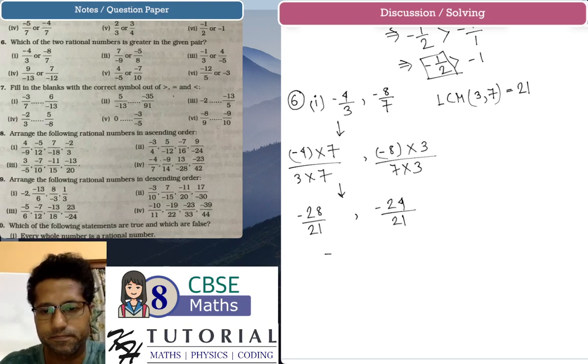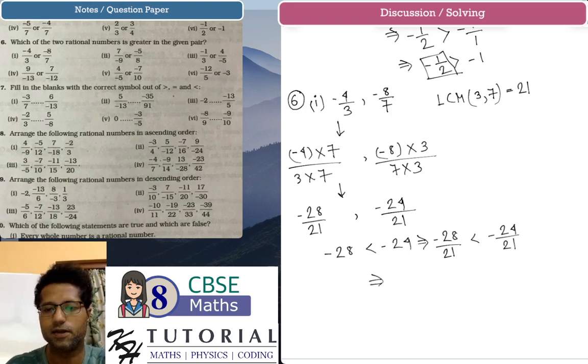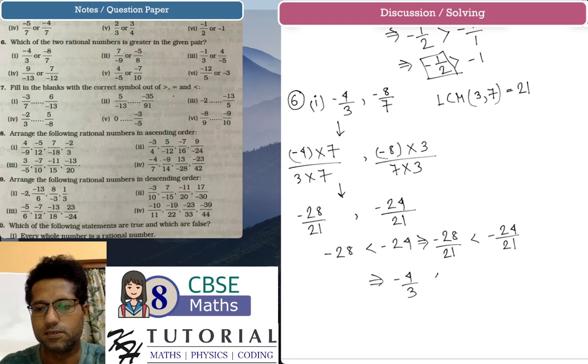So we know that minus 28 is less than minus 24. So this will imply that minus 28 by 21 is less than minus 24 by 21. The original rational number of minus 28 by 21 was minus 4 by 3. So minus 4 by 3 is less than minus 8 by 7.